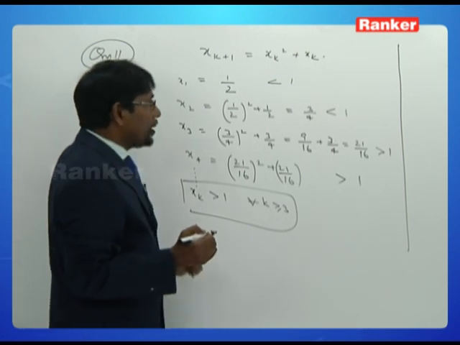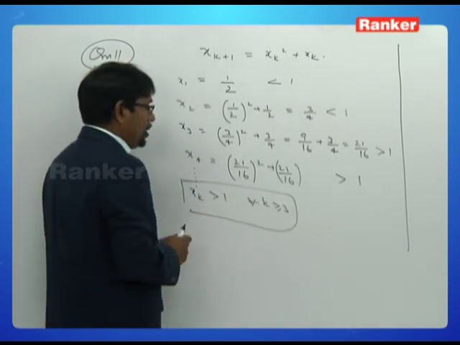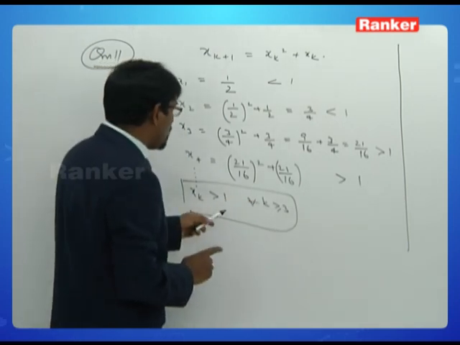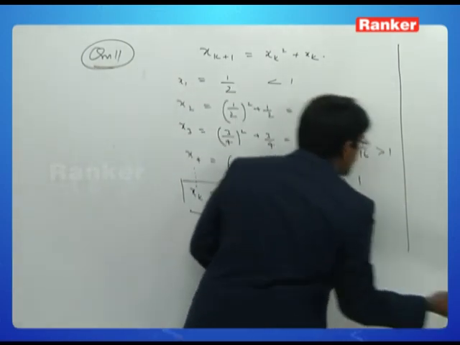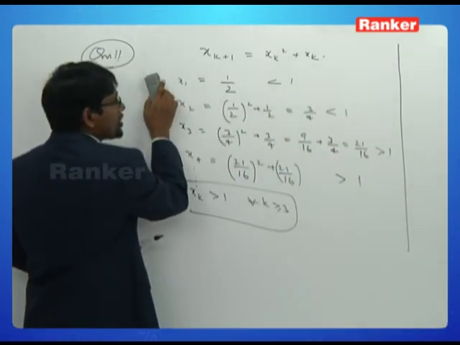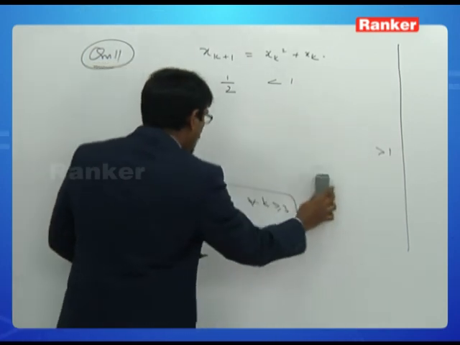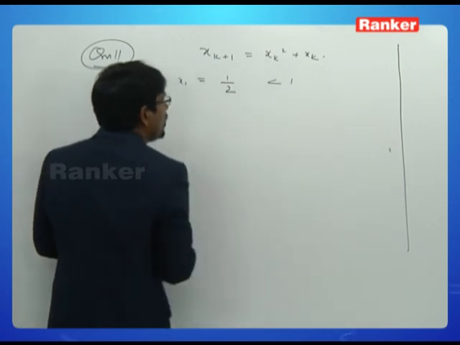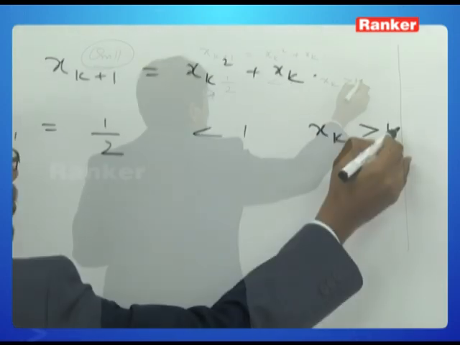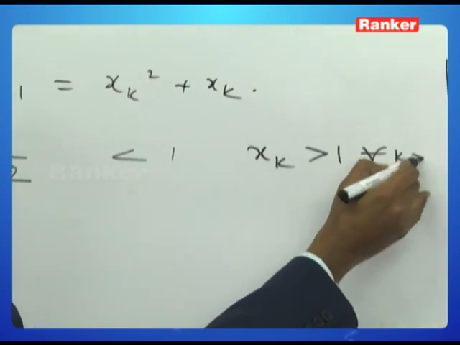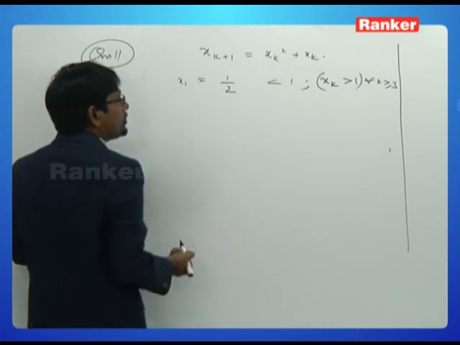So this observation that we have made, we will keep it aside and let's remove all this now. We have observed that xk is greater than 1 for all k greater than or equal to 3.